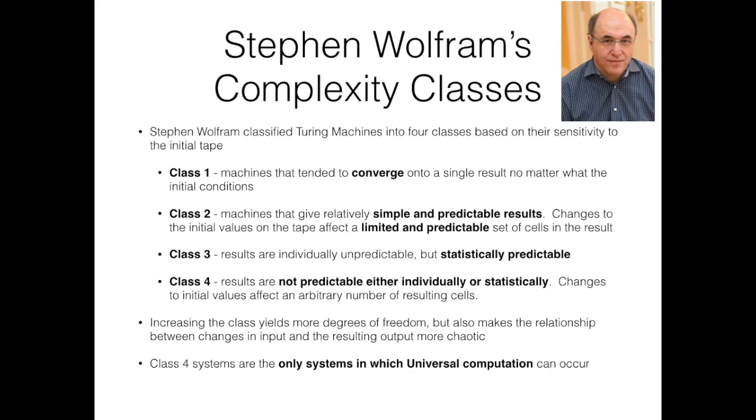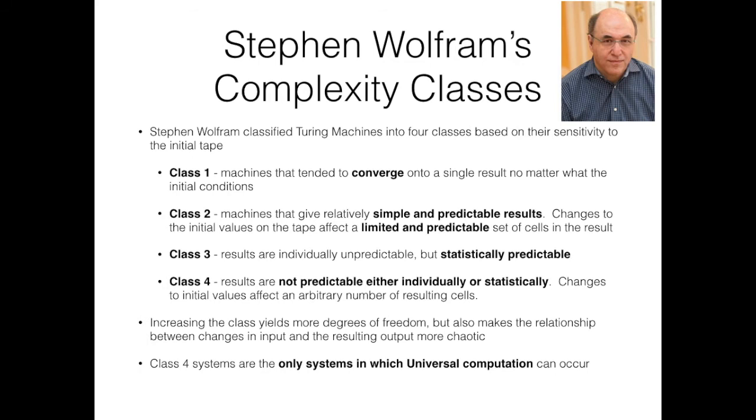Class 3 machines, you actually can't predict on an individual basis what the changes to the input are going to affect the output, but you can statistically. You can come up with statistical averages, things like that. But class 4 are machines where the results of changing the initial conditions, changing the tape, are not predictable either individually or statistically.